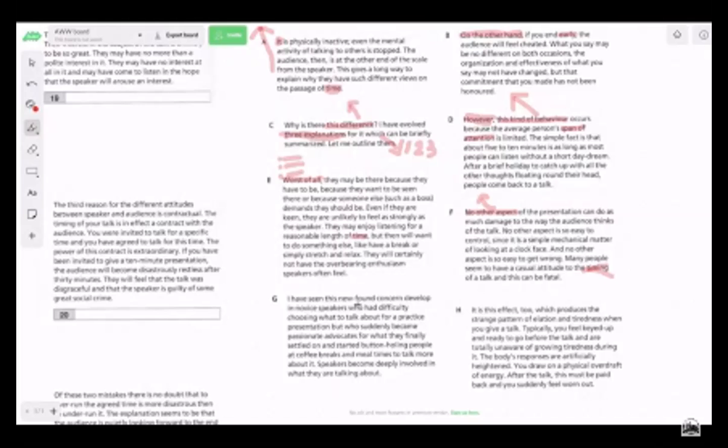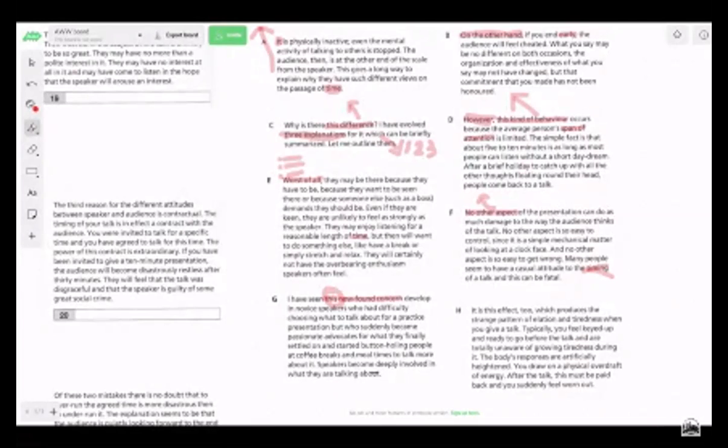"I have seen this newfound concern develop in novice speakers." This newfound concern: the word "this" is always a trigger for me. I always go, ooh, that's a clue. It makes me feel like Sherlock Holmes.